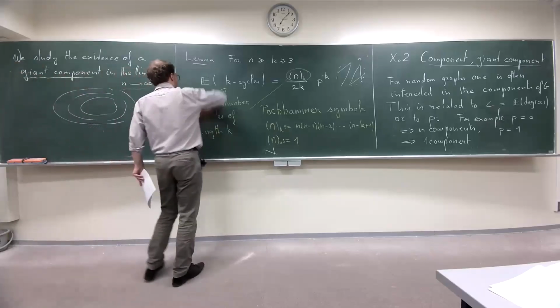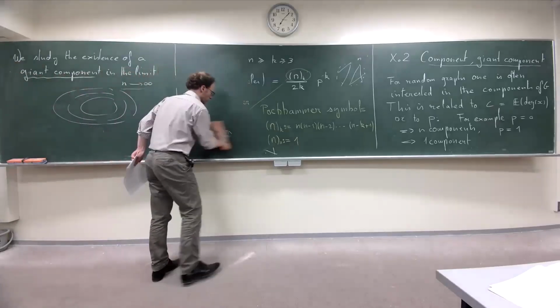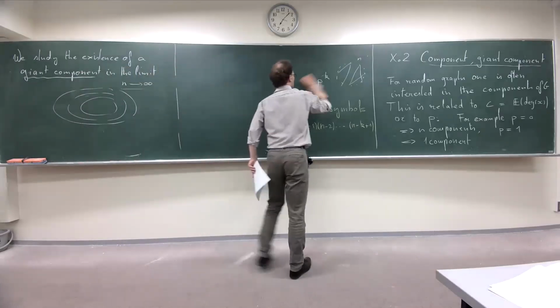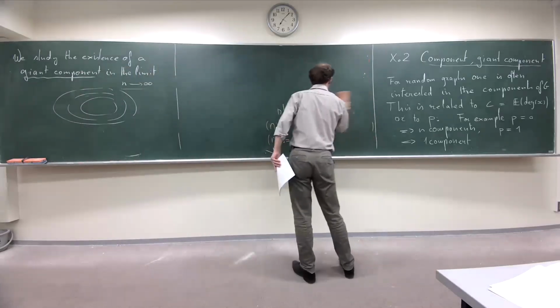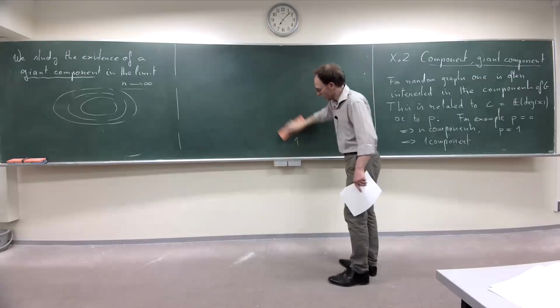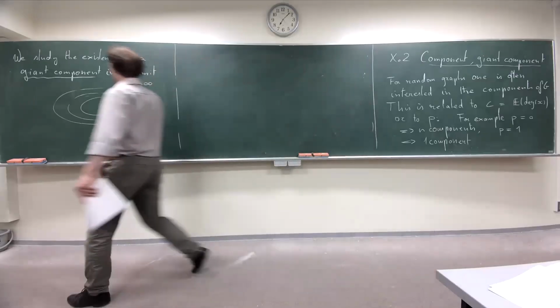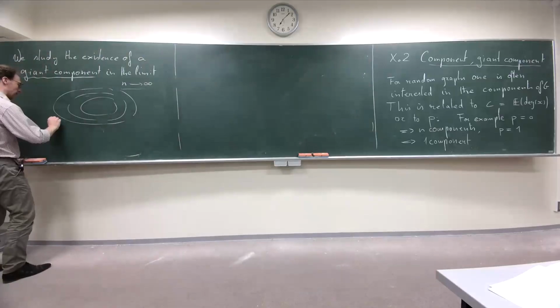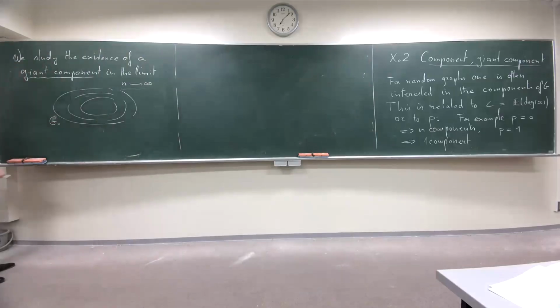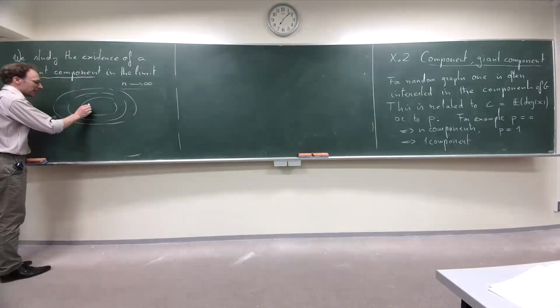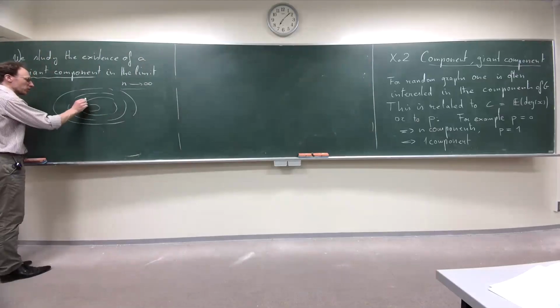This is how I'm going to define a giant component, by looking at subgraphs. This is a family Gn. A giant component, by definition, has to become bigger and bigger.